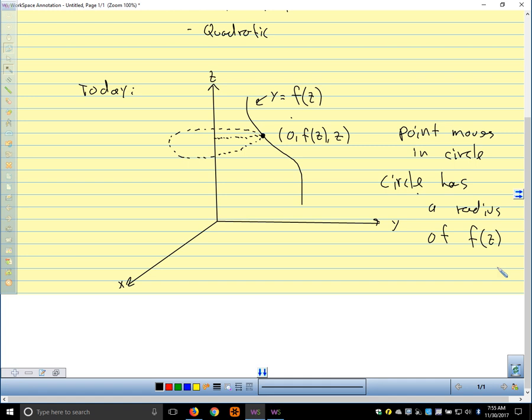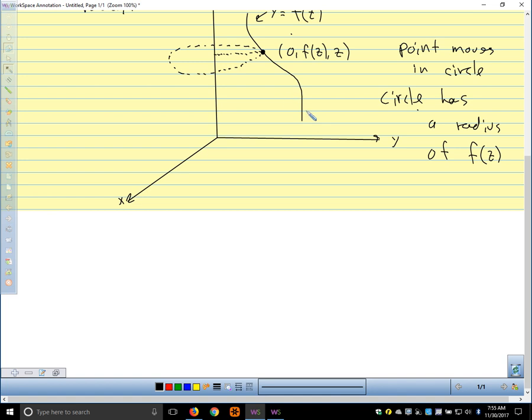So the equation of that circle, the trace of the surface in the xy plane, is x squared plus y squared equals f of z squared. Just the equation of a circle centered at the origin, with radius f of z.